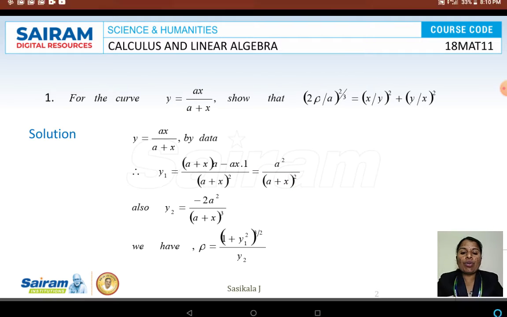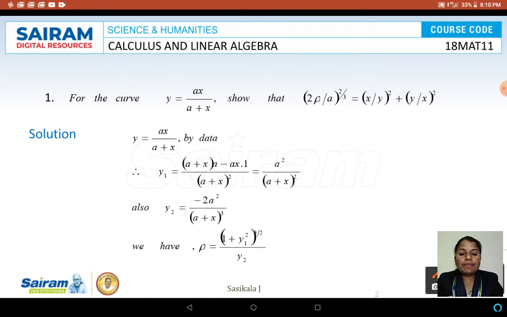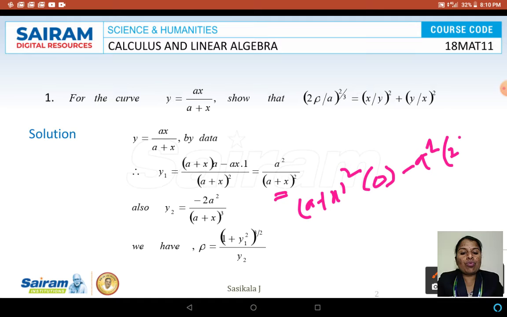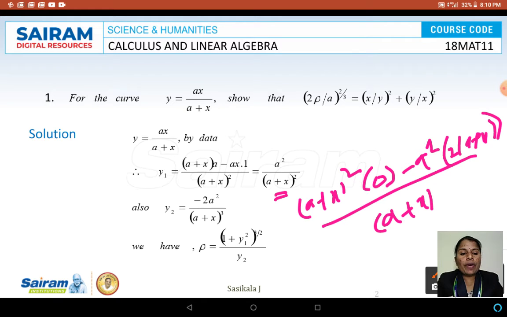Otherwise, we can go with the u by v formula. The denominator, a plus x the whole squared, into differentiation of the numerator, which will go 0, minus 2a square. Then minus of a squared of a plus x the whole square, which will give 2 of a plus x into differentiation of x, which is 1, by a plus x the whole power 2 squared, which becomes a plus x the whole power 4.